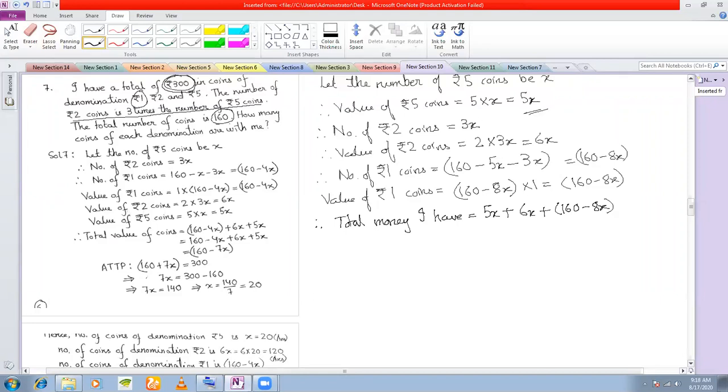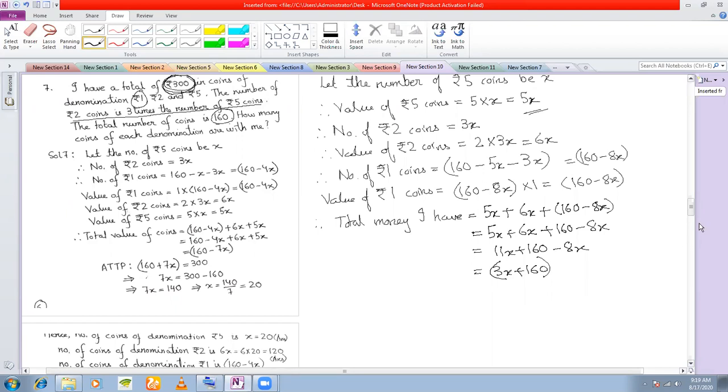Simplify this: 5x plus 6x, open the bracket first, is 11x plus 160 minus 8x, and 11 minus 8 is 3x. So how much total money do I have in my pocket? 3x plus 160.